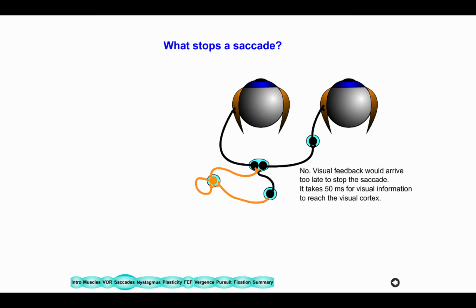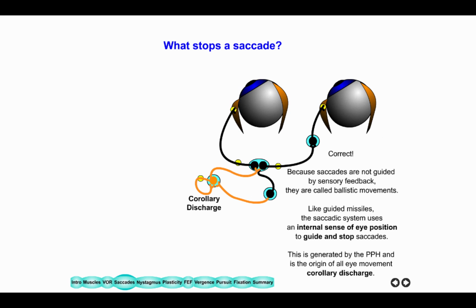Well, if you keep searching for things, you find that it's the corollary discharge. Why is that correct? This tells you what the eye's position should be. It's an internal estimate of the eye's position. And if you know that, you can use it to stop the eye movement.